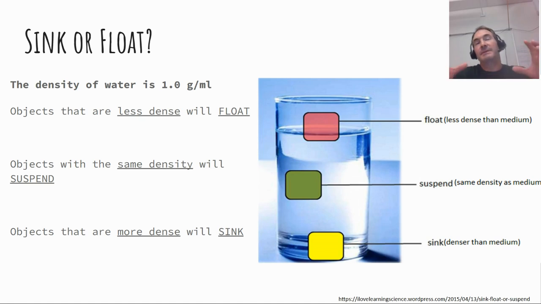So even though I put air into that balloon and it's pretty much the same as the air around me, the rubber actually makes the whole balloon more dense, so it sinks. The helium balloon is less dense because there's less mass. I tried to fill those balloons up about the same amount too, so they should be pretty similar in volume to each other. So that's a good application.